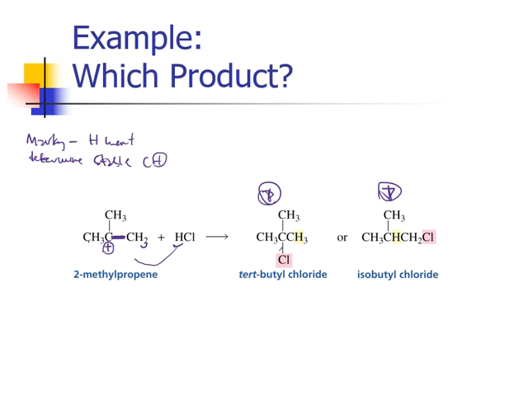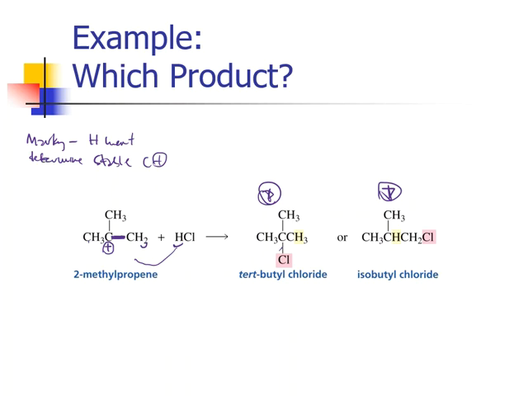So Markovnikov basically allows us to look at this hydrogen, if that's what gets added on first, and say, slap, you're going to go there. And in this case, to the right-hand side. This forms a carbocation. By default, this is the most stable carbocation out of those two choices that I have presented to you in this example.